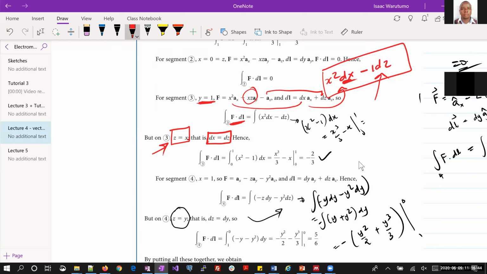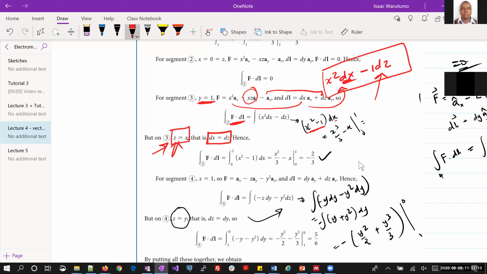So if that be the case, we can replace z with x or x with z. But if we opt now to replace z with x, we are simply going to end up with this x squared minus 1 dx.